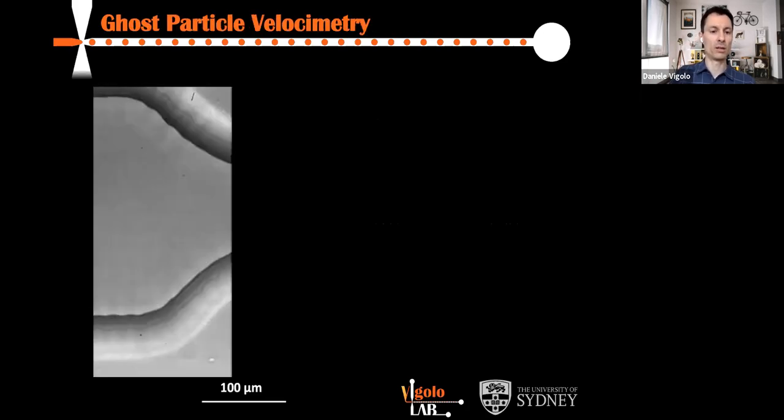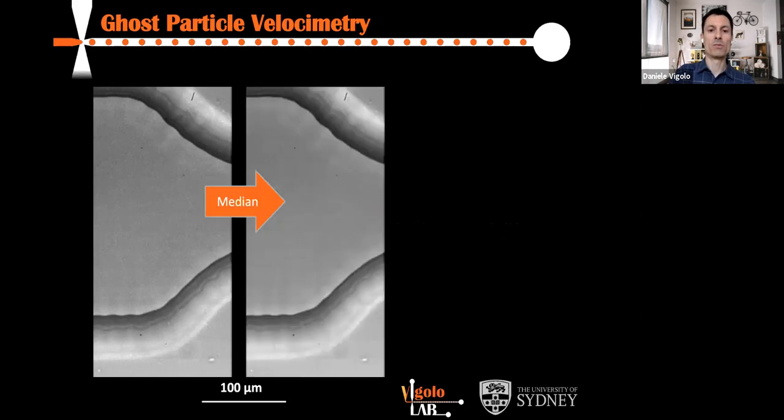Now, this is the theory. How does it look in real life? So this is just a picture of a microfluidic channel with nanoparticles flowing in it. As I mentioned, nanoparticles are below the diffraction limit, so you cannot see anything. The technique just involved the acquisition of several hundred frames, and once you take the median or the average of these frames, you get basically a very similar image to one of the frames.